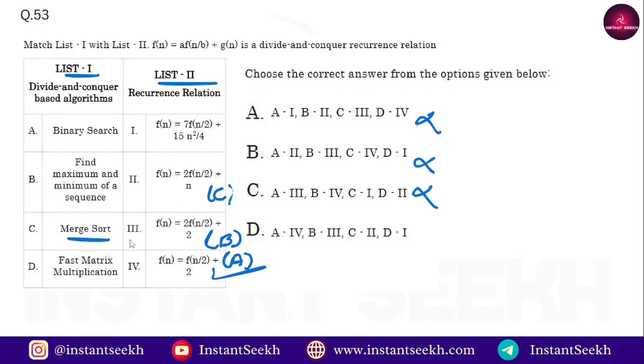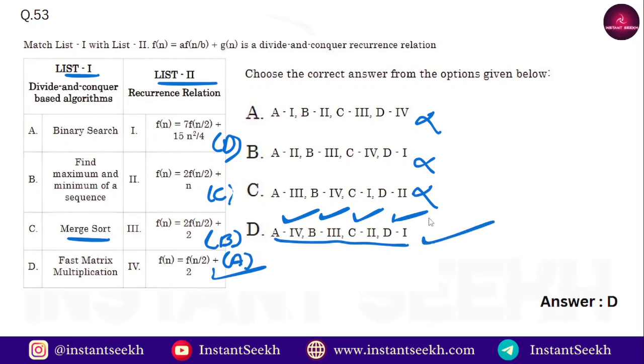And fast matrix multiplication is option number A. So the correct pattern is A goes for 4, B goes for 3, C goes for 2, and D goes for 1. So the matching pattern is option D, the right answer for this question. Let's move on to the next.